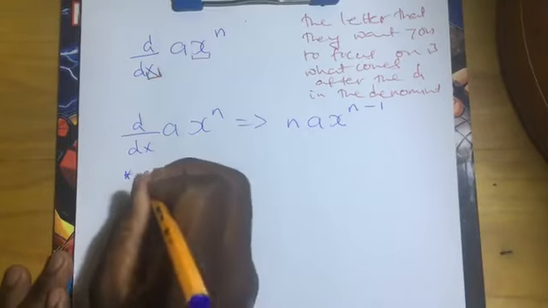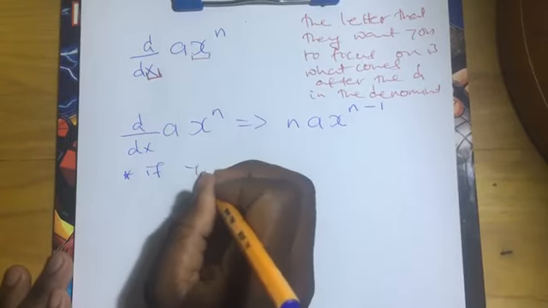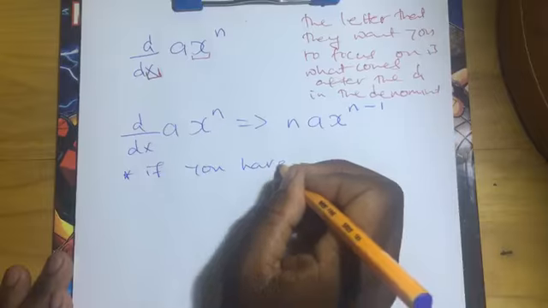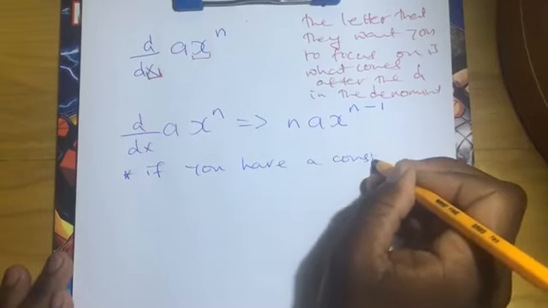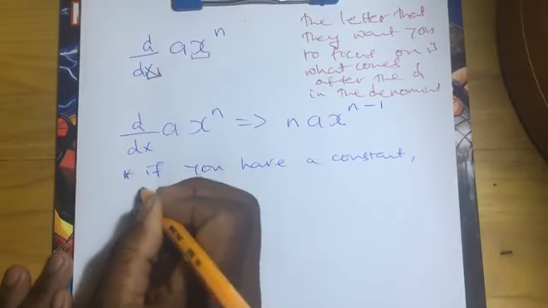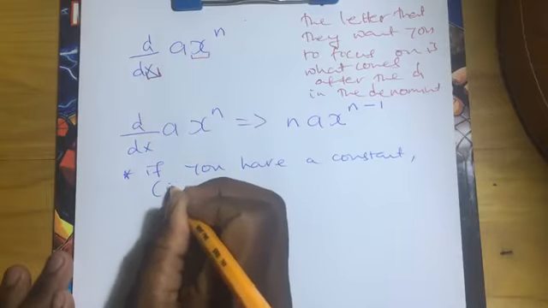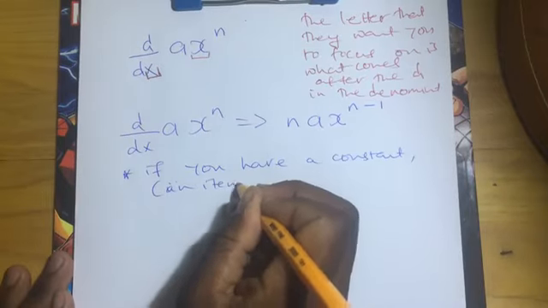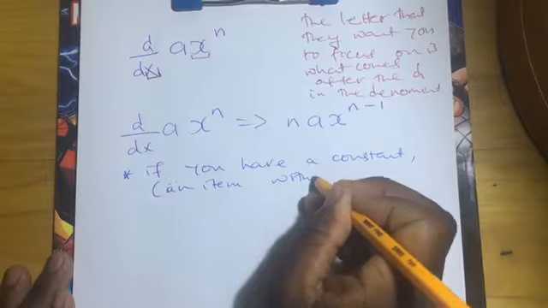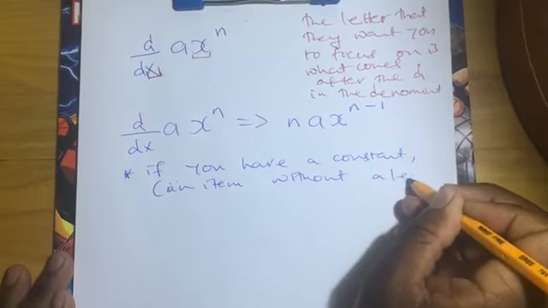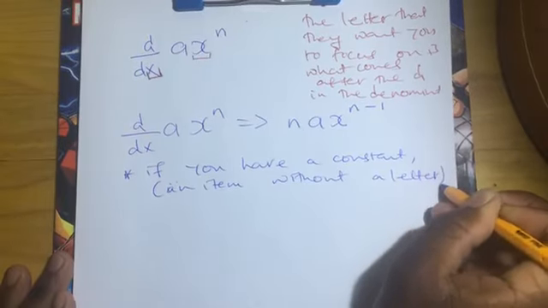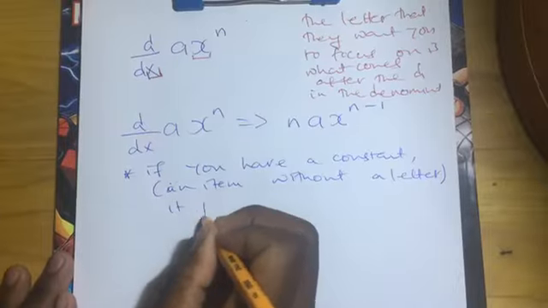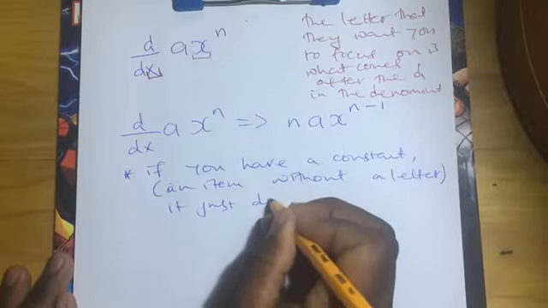Okay. That's basically it. And then if you have a constant, that is an item without a letter, it just disappears.